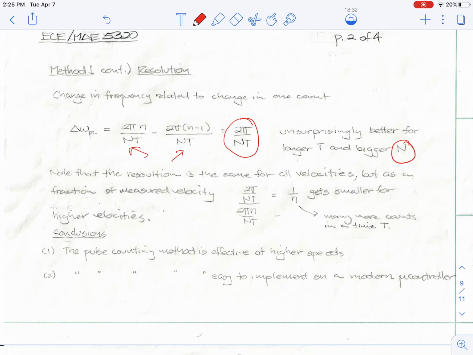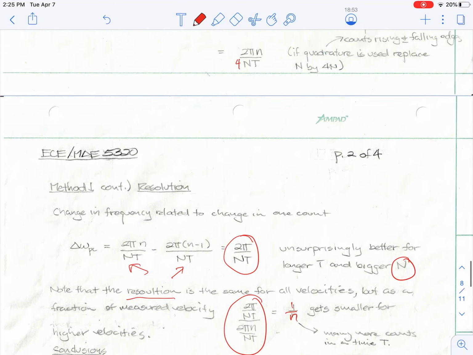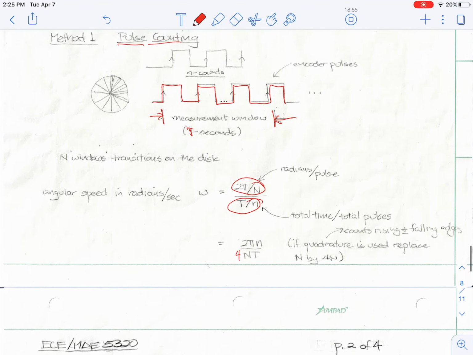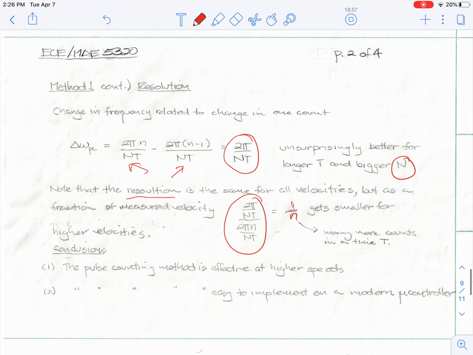Now, the resolution is the same for all velocities. It's independent of how fast you're rotating. But as a function of measured velocities, I get this ratio here, and it gets smaller, so I get many more counts for higher velocities.